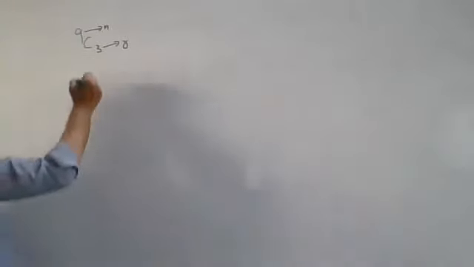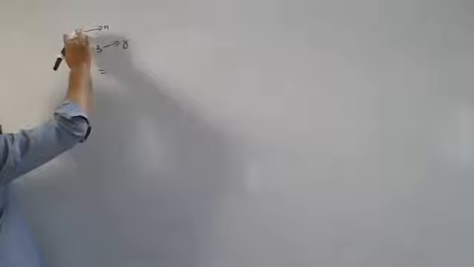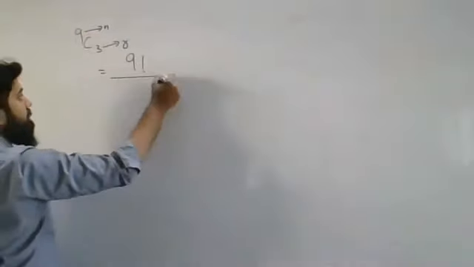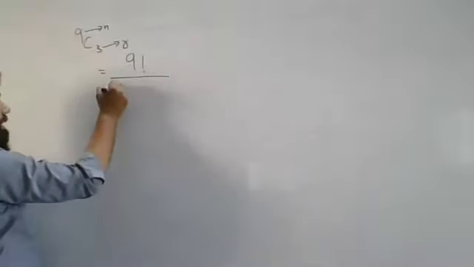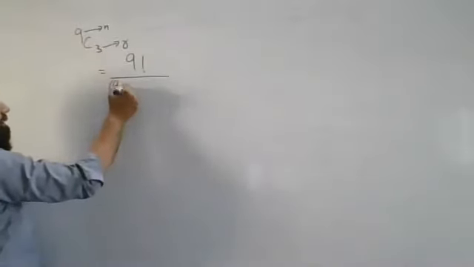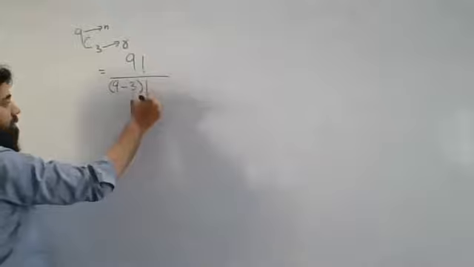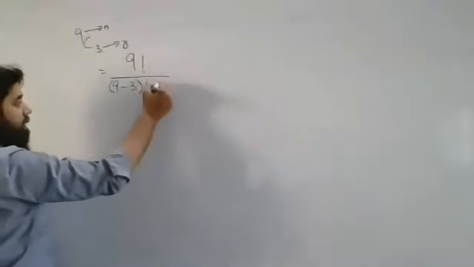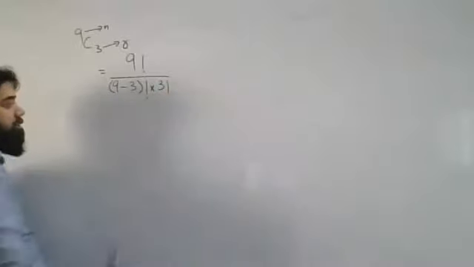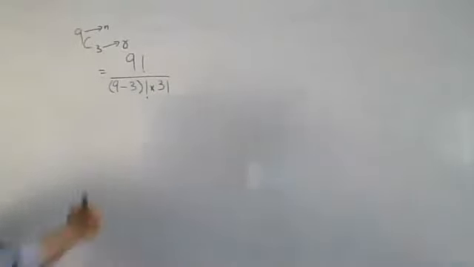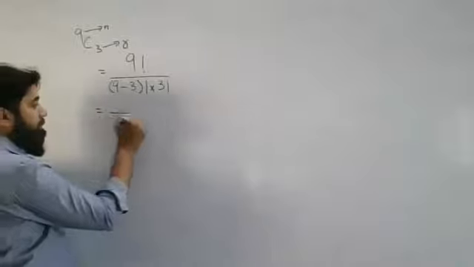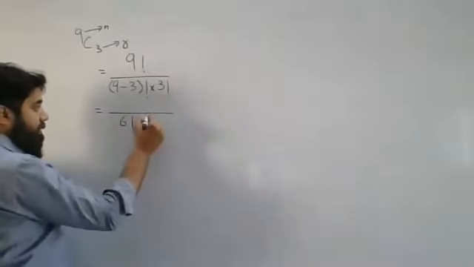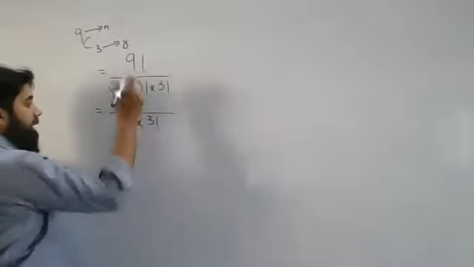Now, the formula is n factorial, means 9 factorial upon 9 minus 3 factorial, because it will be n minus r factorial, and then r factorial, which means 3 factorial. So simplifying it, 9 minus 3 is 6 factorial, 3 factorial.